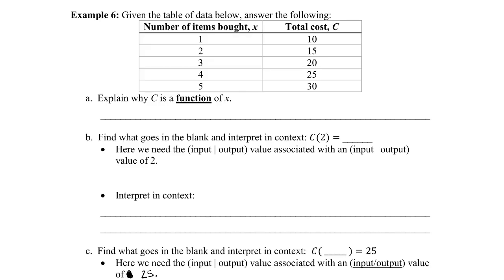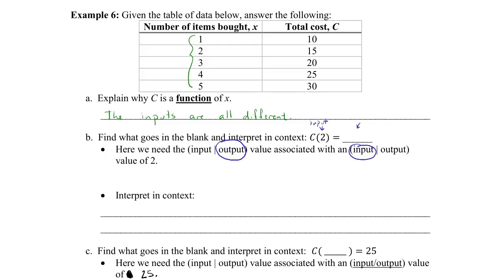And we can see in the table that this is a function because the inputs are all different. If we want to find c of 2, that means we're trying to find the output associated with the input 2. Right. So what's in parentheses will always be the input.